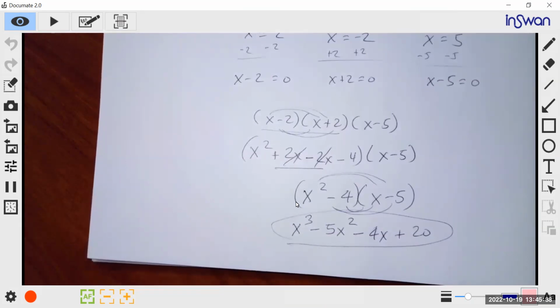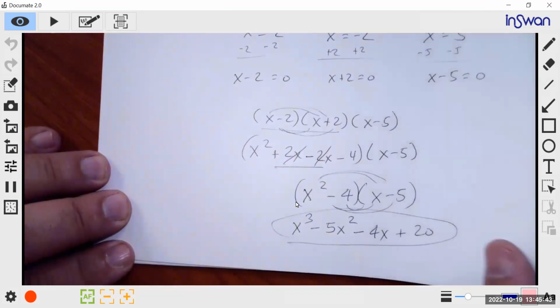Let's see another way of writing these things, because last time we talked about multiplicities.